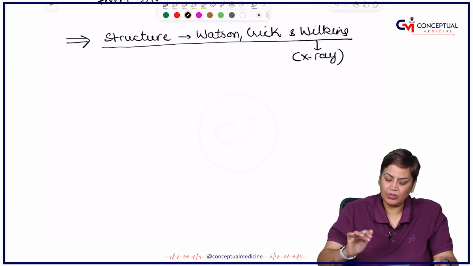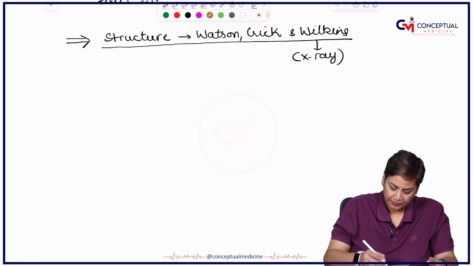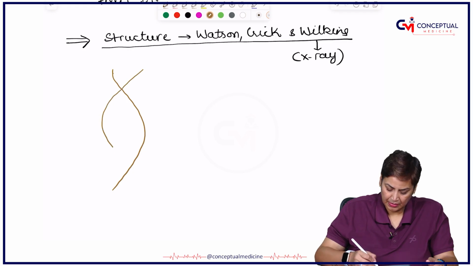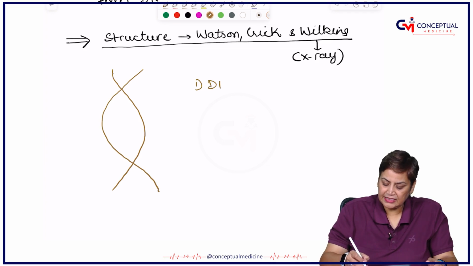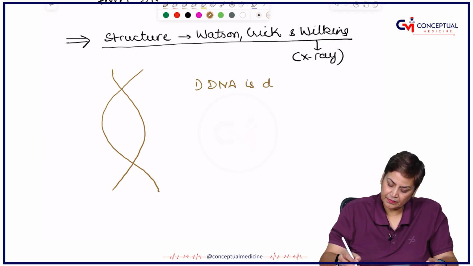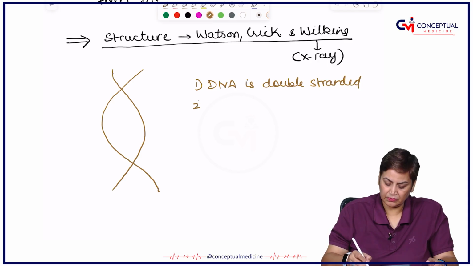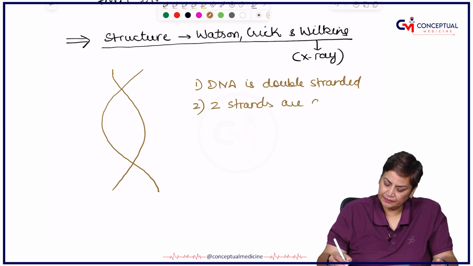So whenever we talk about Watson and Crick, the most important, first of all, I'll just draw: DNA is double-stranded, like this. The two strands are anti-parallel to one another.